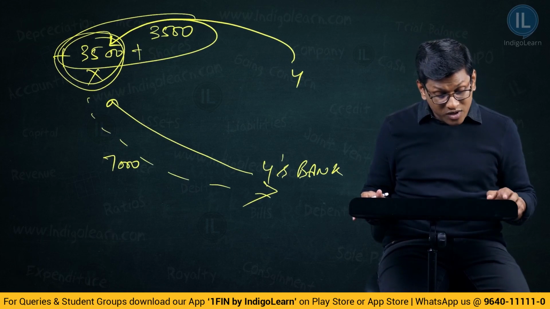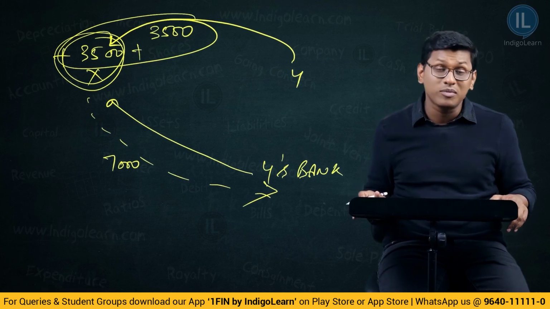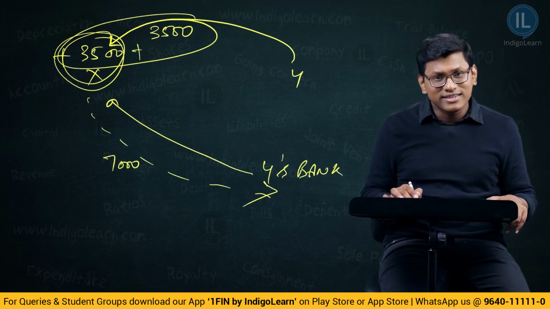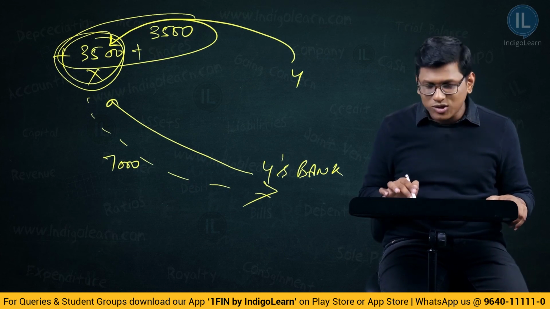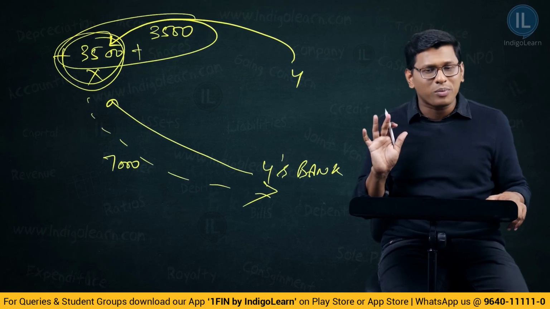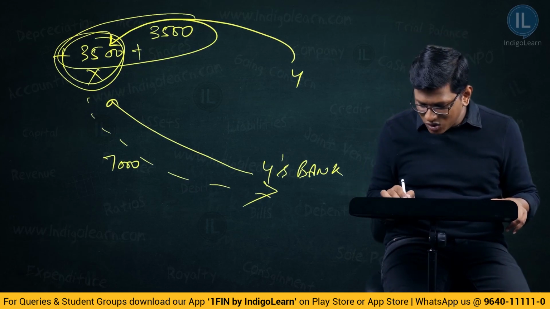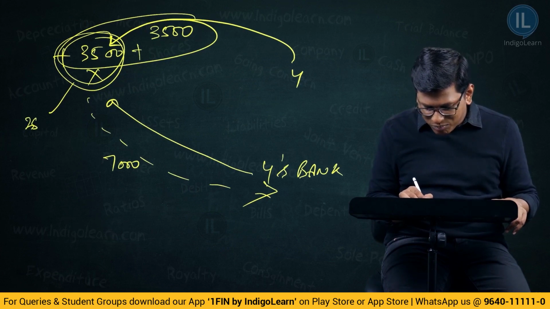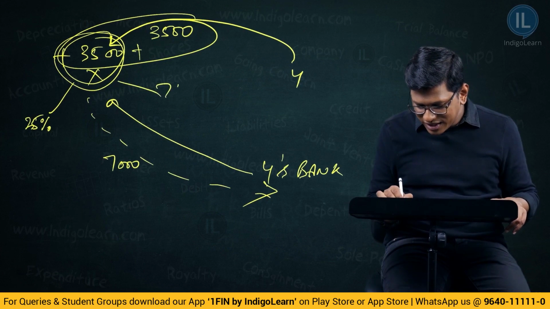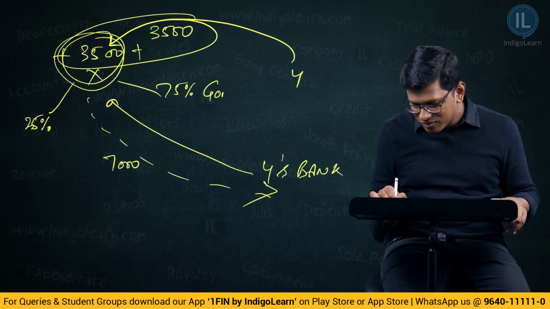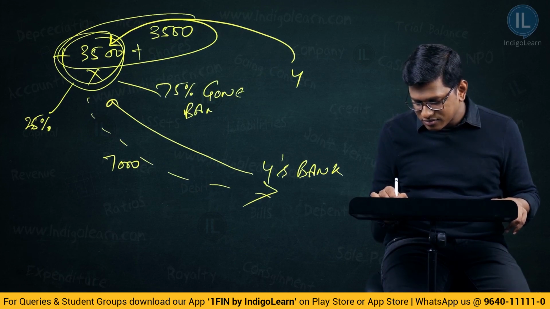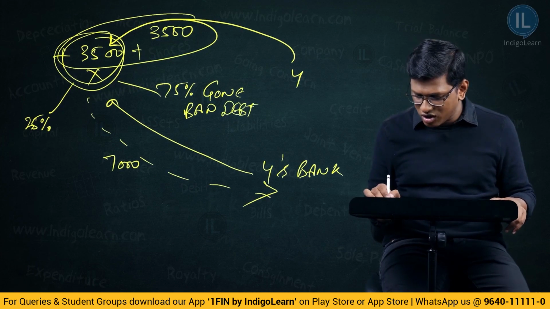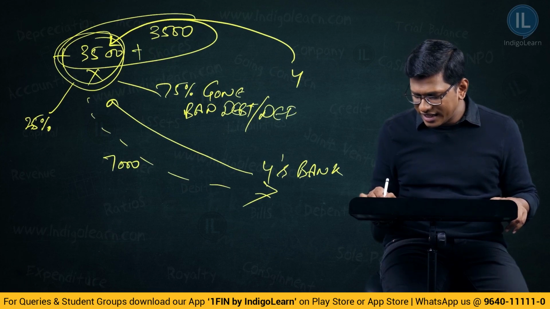Now, what has happened? On this day, this person became insolvent. Becoming insolvent means what is recoverable? 3,500 should have been paid. This person is not in a position to pay 3,500. How much amount will be paid now? Out of 3,500, only 25% will be paid, and 75% is gone as bad debt, or I will call it deficiency.